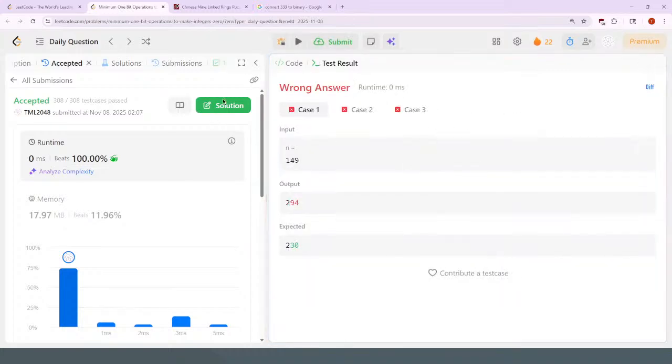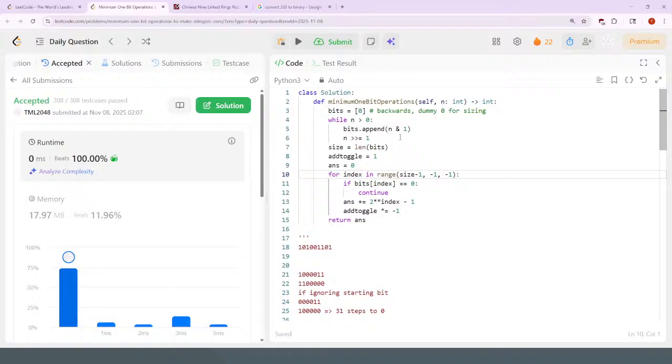Oh, mother. Did I not do this correctly? Where did I screw up here? 0. Was it the fact that I added the dummy 0? Shouldn't have been, I don't think.